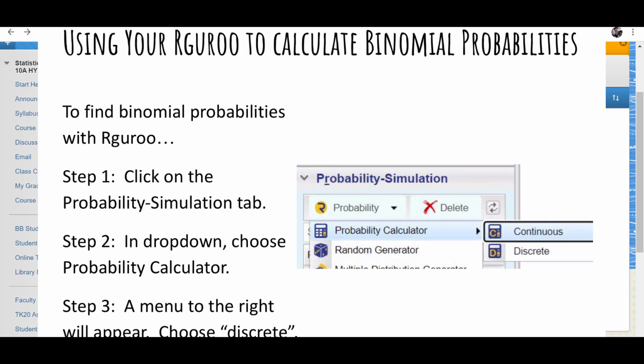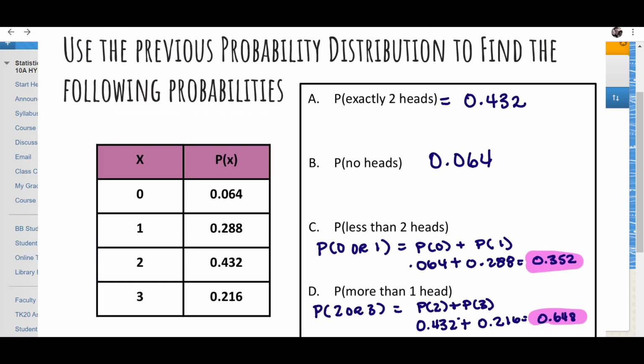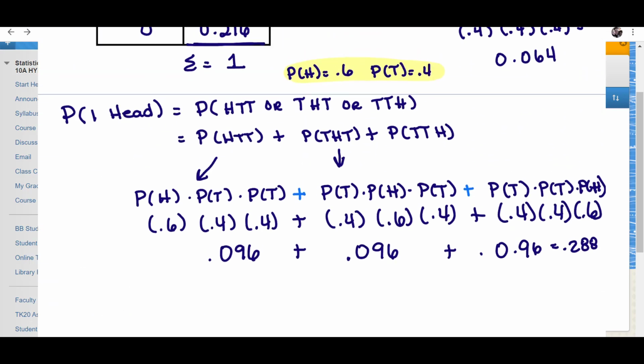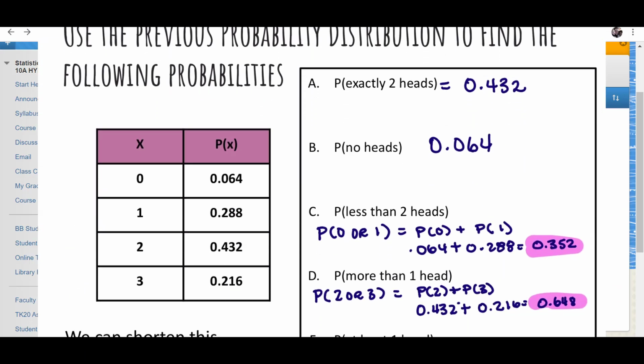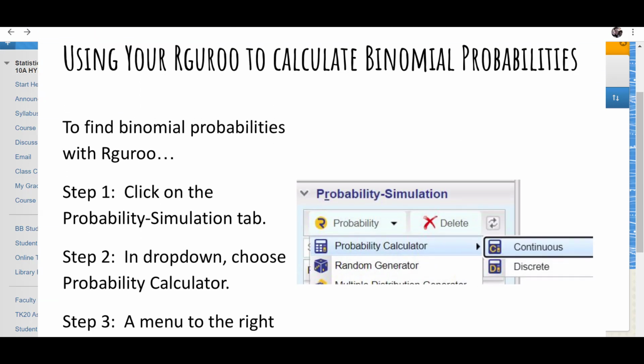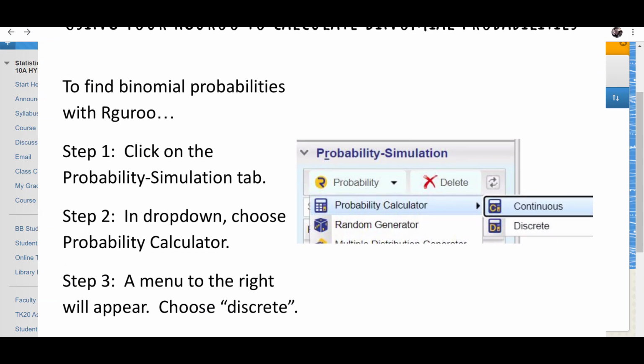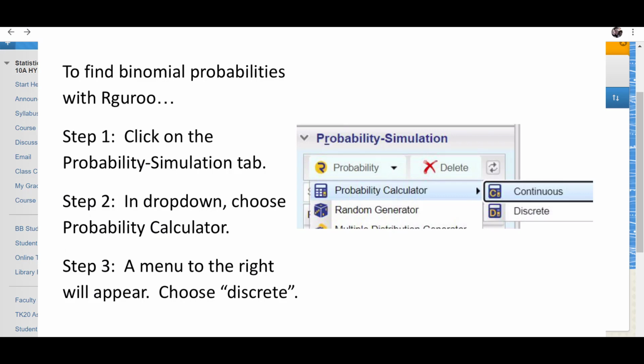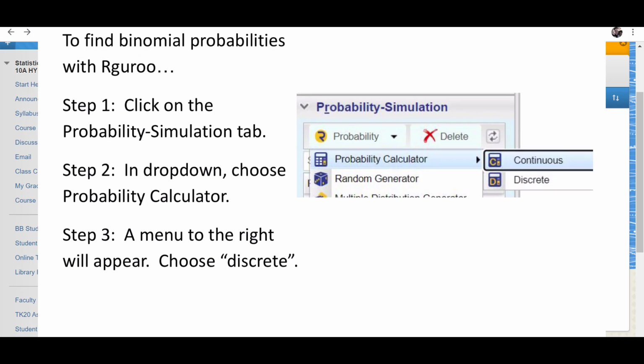So we can calculate probabilities such as the ones above that we used to answer these questions. We can use Rgruoo to do that. It's actually pretty simple. We're going to use the Probability Simulations tab.